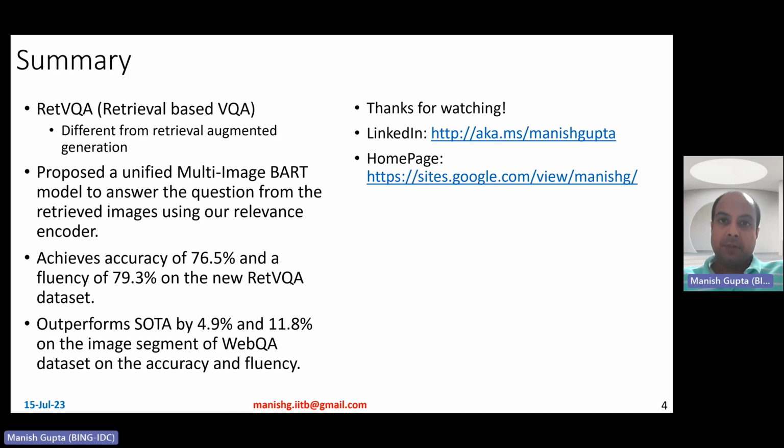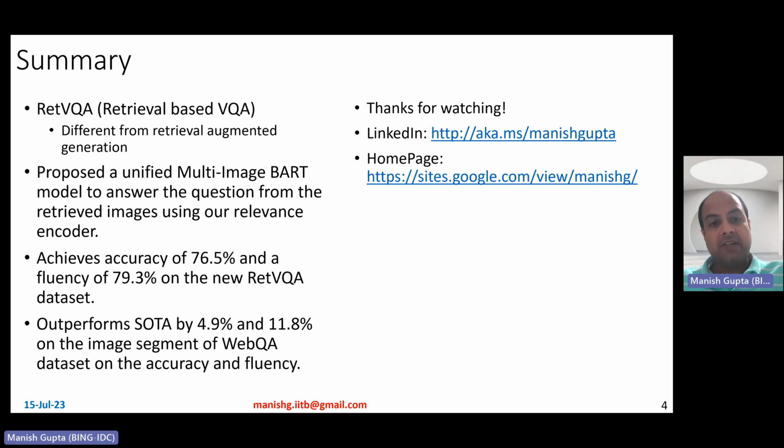Okay. In this video, I showed how we proposed a unified multi-image BART model to answer the question from the retrieved images using our relevance encoder. We leveraged the BERT model for encoding the text and also the Fast RCNN model to encode the images. And then we had transformer layers which were pre-trained using image captioning kind of MS COCO data and fine-tuned using our own dataset.